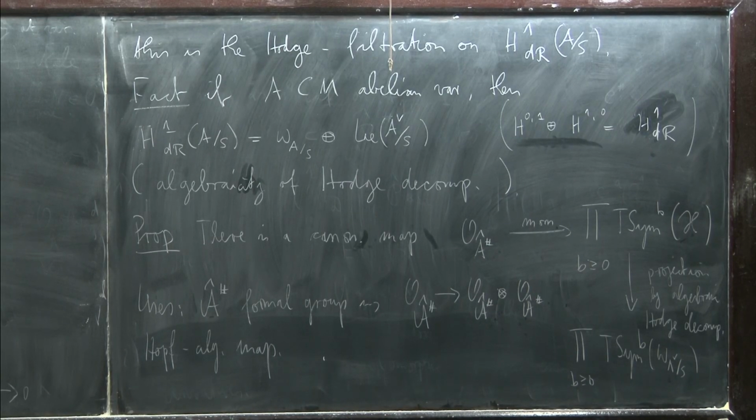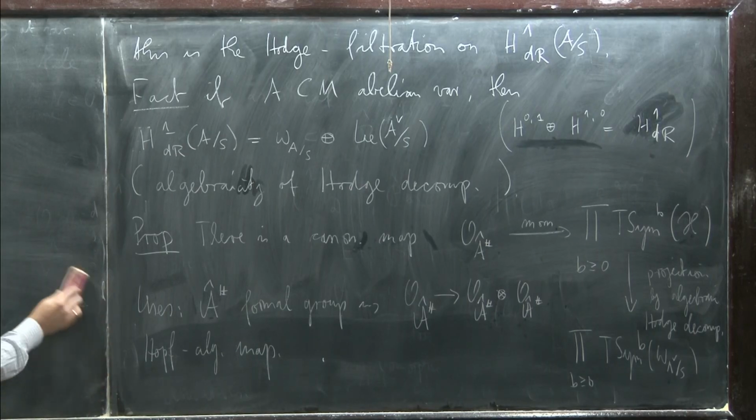A Hopf algebra is an algebra which has a multiplication and a co-multiplication.